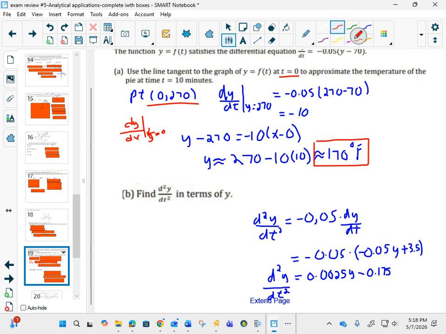But there's no time to plug in, but there is an equation for a line. But I agree that the time difference is huge. It's not going to be a very good approximation.